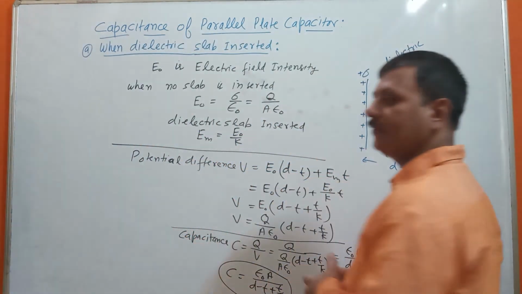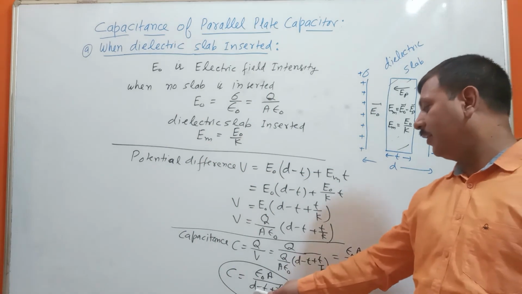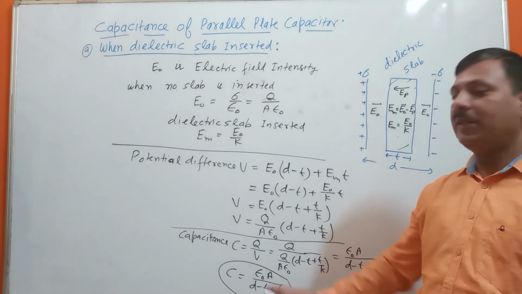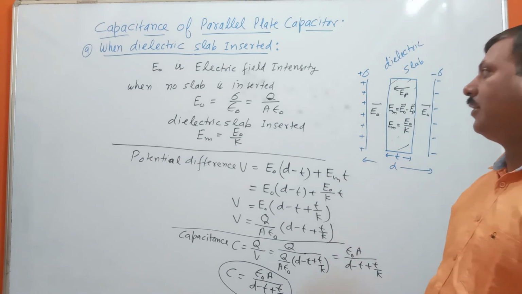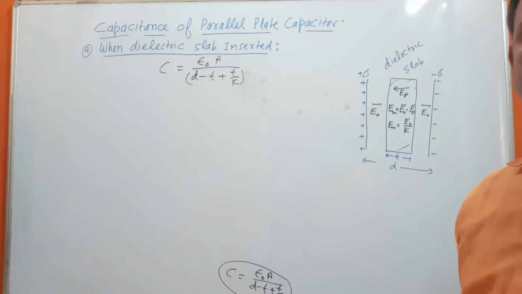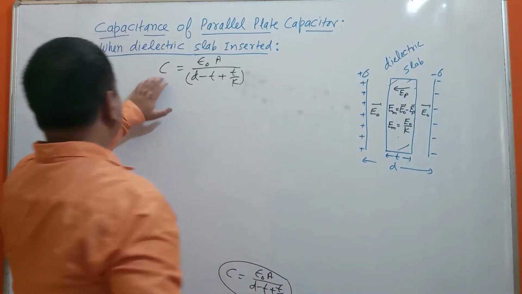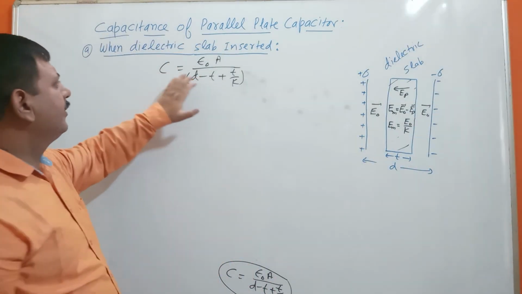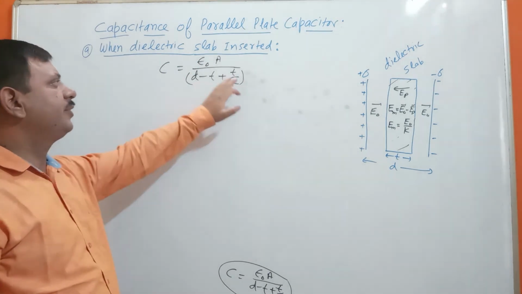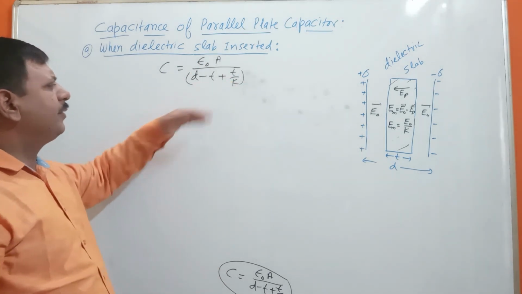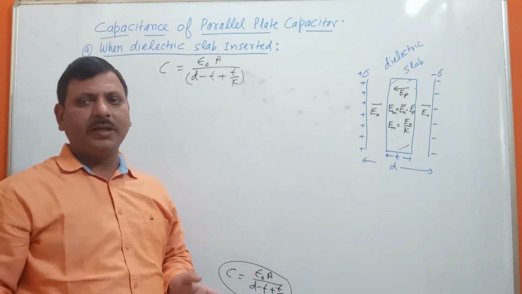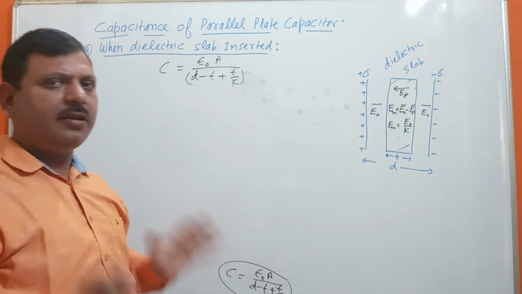Here also you can see D minus T plus T upon K is less than D. That's why capacitance will increase. When the dielectric slab is inserted, C is equal to epsilon naught A upon (D minus T plus T upon K). By the help of this formula, we can define all three cases.